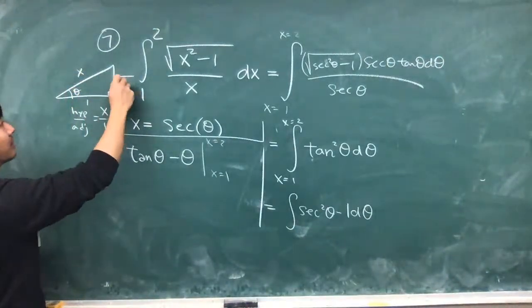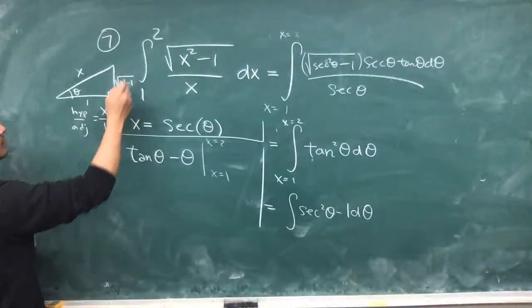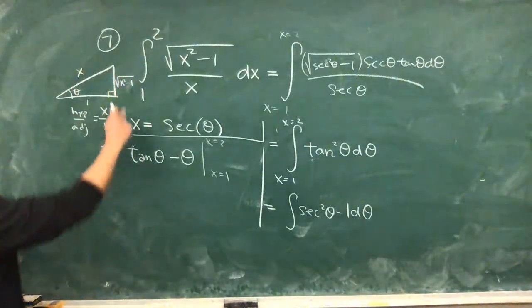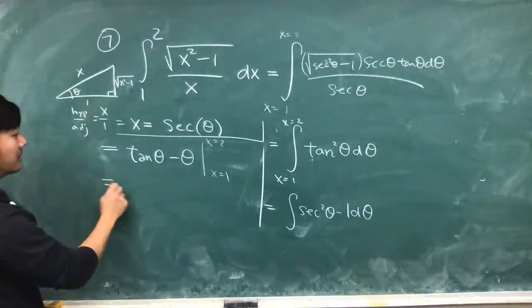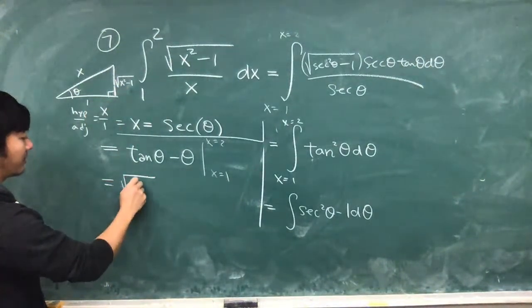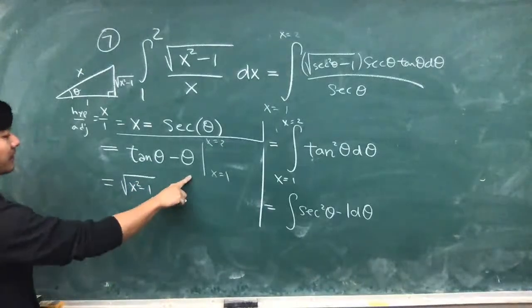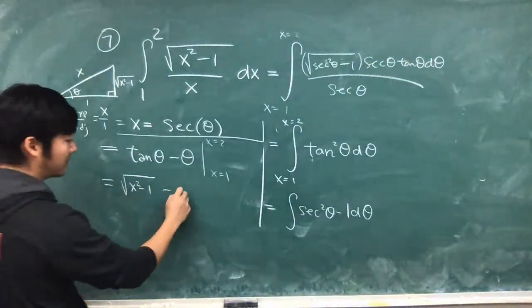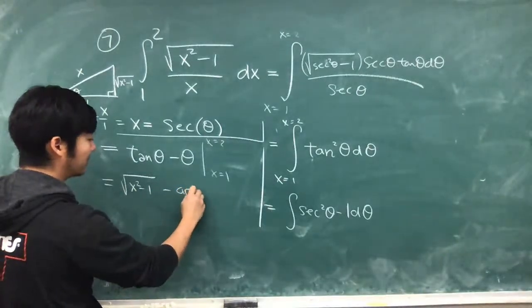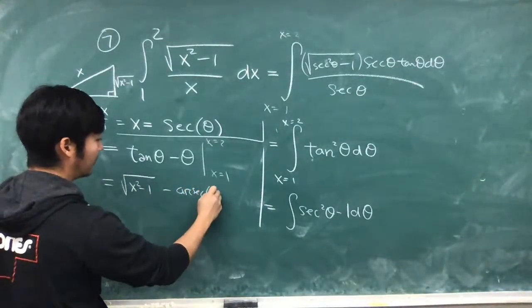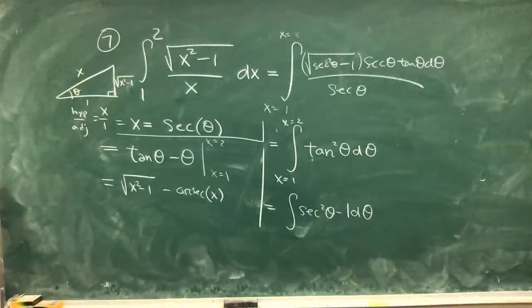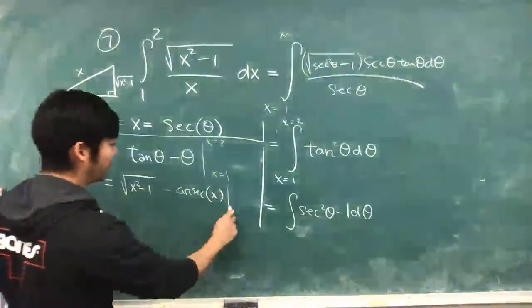So this must be the square root of x squared minus 1. And tangent is opposite over adjacent. So this is the square root of x squared minus 1, minus theta, which is just arc secant, or inverse secant.